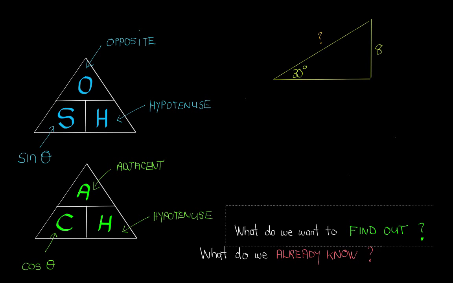So let's put all this together. Now the first step is to label our triangle. So let's go back to our triangle, and there's our angle. And so we need to label the opposite, the hypotenuse, and the adjacent.